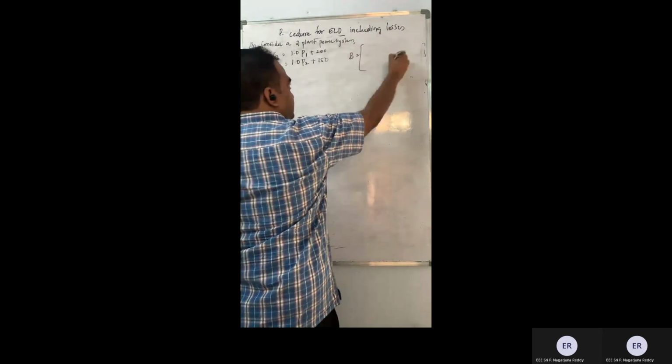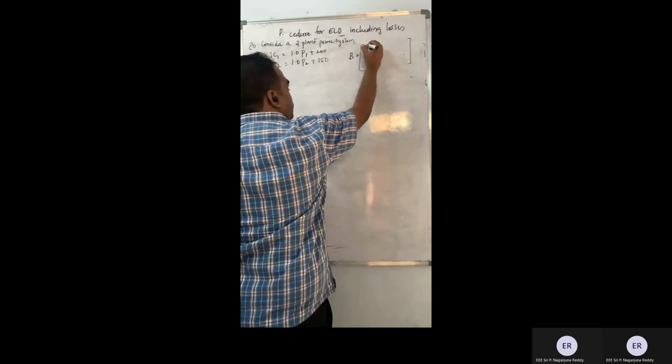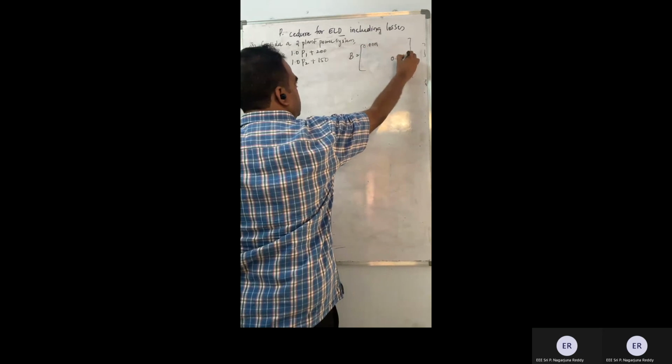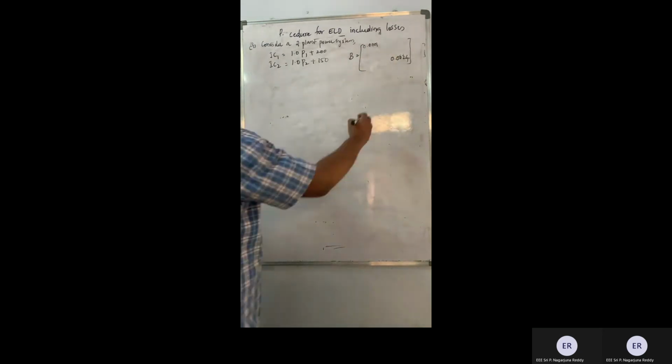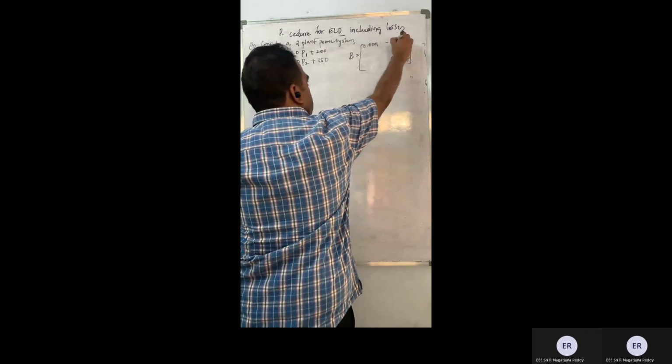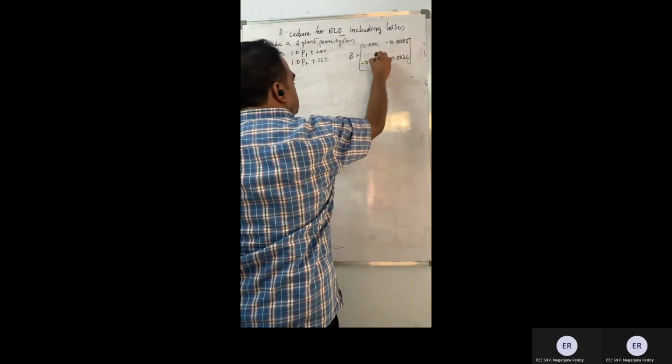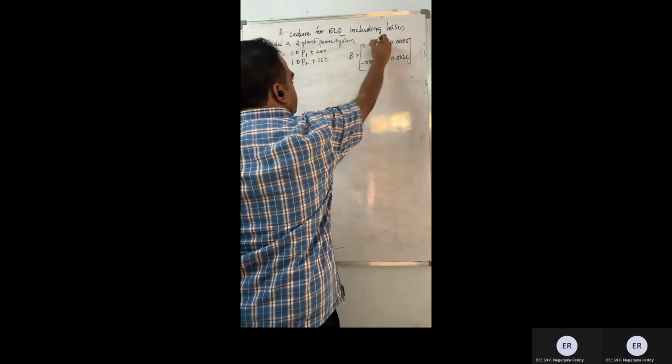it will normally be given in the form of a matrix most of the time, and it is given as 0.0001, 0.0024, minus 0.0005, and this is minus 0.0004. Okay. I'll make this step.